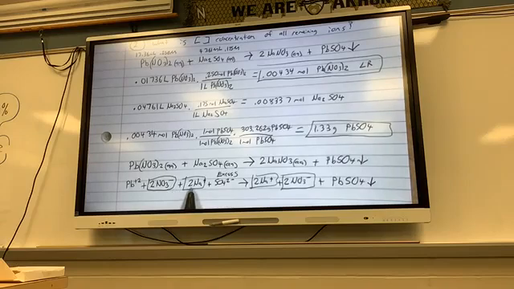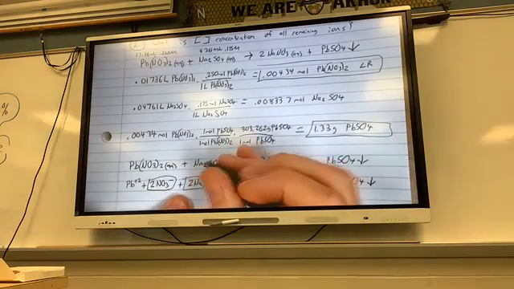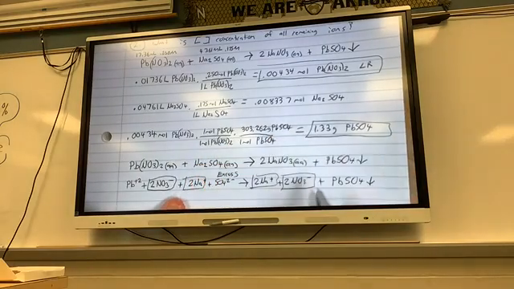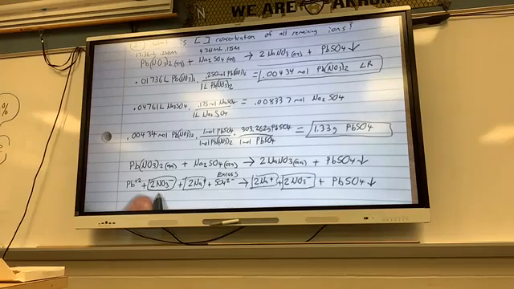Is Na going to be a remaining ion? Yes, it's a spectator. Is NO3 going to be a remaining ion? It's a spectator, so yes, it is. What about Pb 2+? Pb 2+ is my limiting ion.